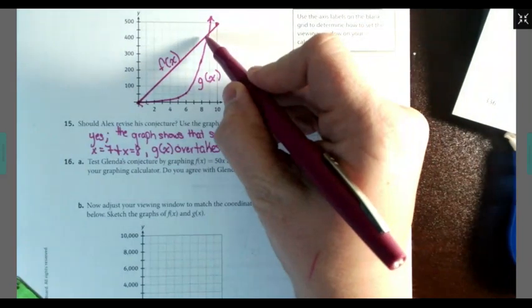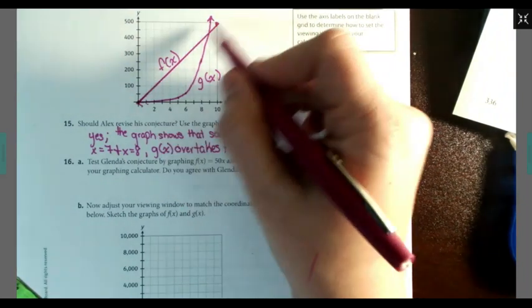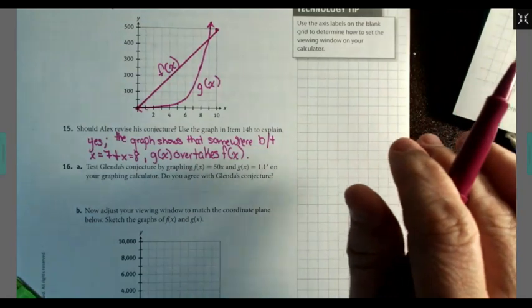Because at some point between here and here, the curve gets above the line. The curve is now above the line.